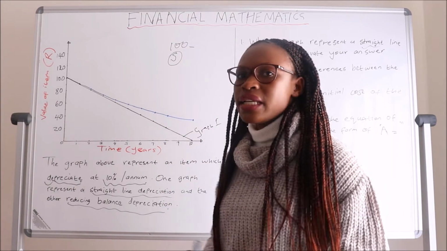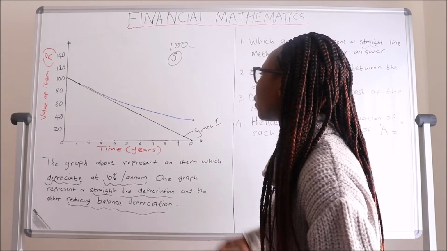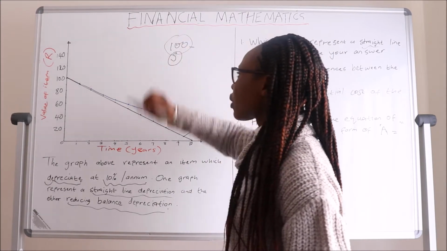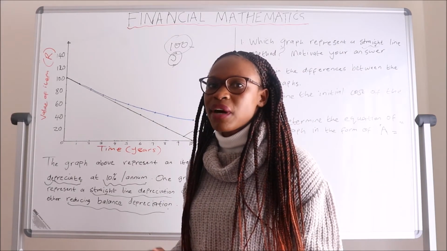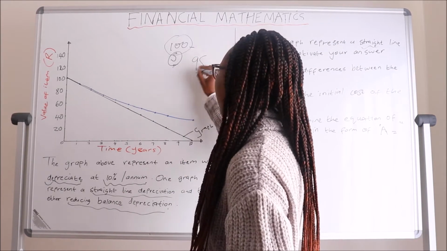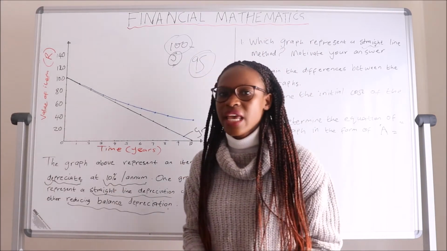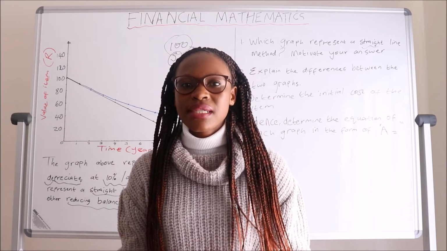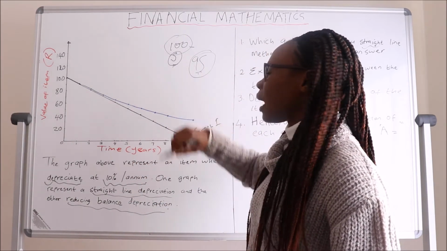But with the reducing balance method, after the first depreciation of 5 rand we will be left with 95 rands. Then on that 95, they apply the 10%.